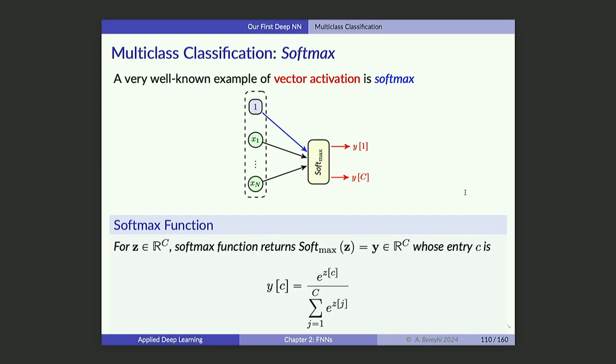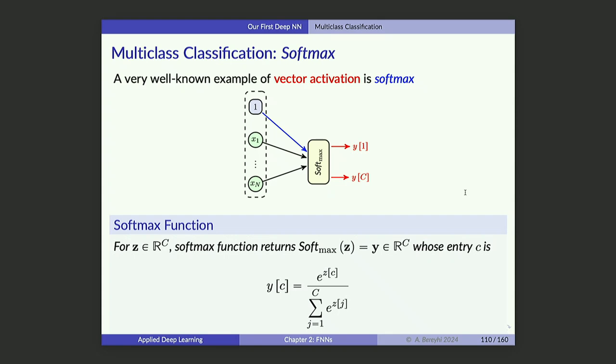And now, how do you compute your output if you want to activate it with this function F, which is now softmax, and then you want to get Y, which is of the same dimension? So Y is again of C dimension. It has 10 different entries. If you want to compute Y1, for example, you're going to get this guy, put it in the exponent.